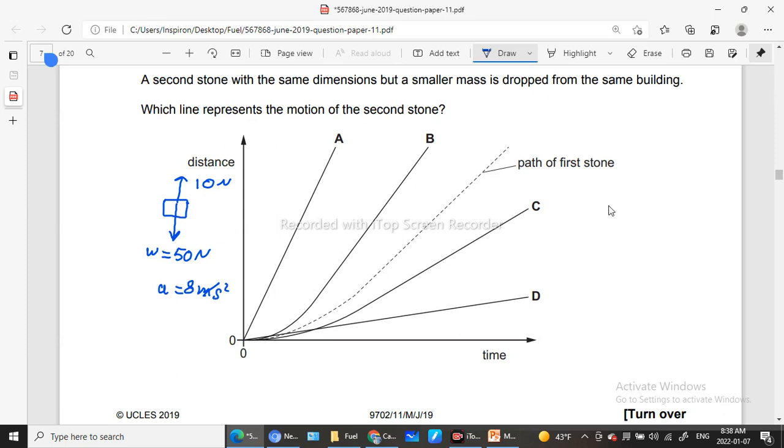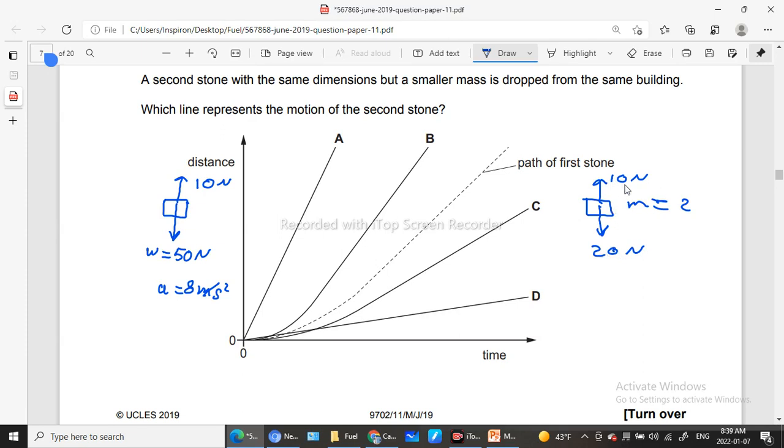Now for the second stone, the same dimension. Now suppose its mass is 2 kilograms. Now the weight is 20 Newton. The air resistance is the same, 10 Newton, because the dimensions are the same and the resistance of air depends on the dimension or the surface area.